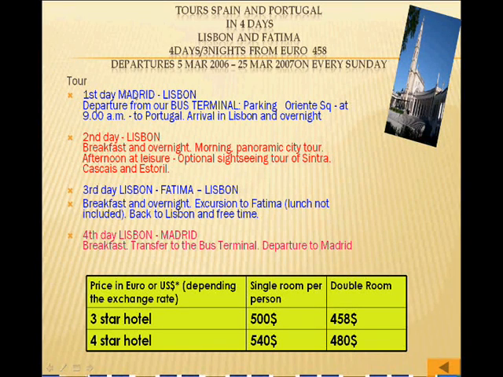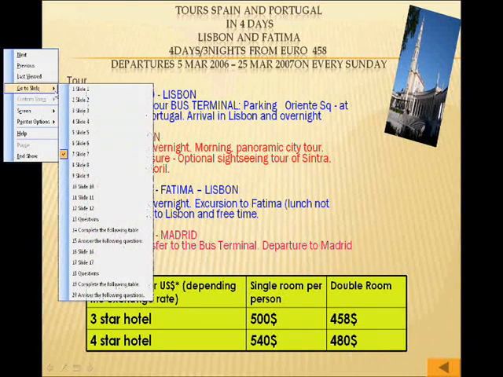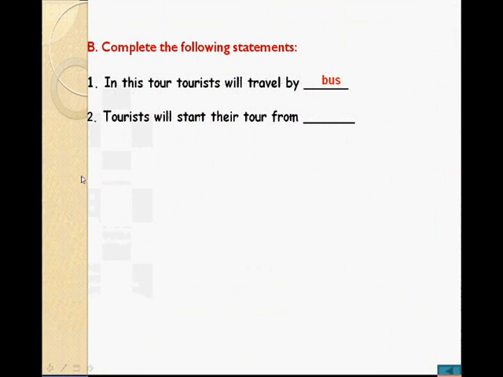So again, if they are going to start their tour, then you look for the first day, because this is the beginning of the tour. So which place? Is it Lisbon? Because I heard one of you say Lisbon just now. Look carefully. No, it's not Lisbon. It's Madrid.